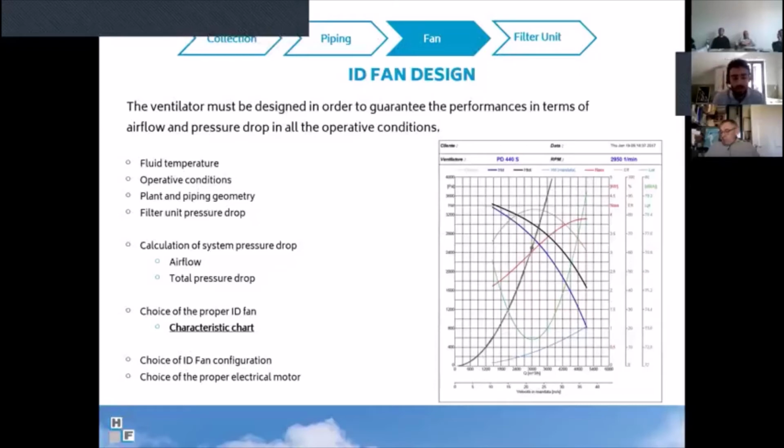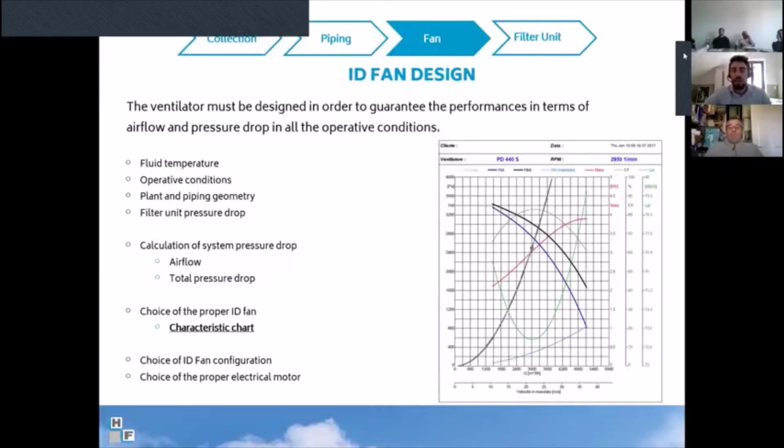So usually we have at least two very important characteristics that must be for sure guaranteed: the emission and the airflow rate. The emission is guaranteed by the filtration unit, so we have to choose the proper filtration unit, and the airflow rate is guaranteed by the proper design of the ID fan.